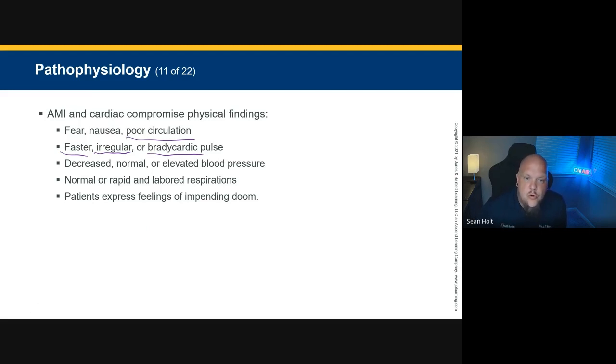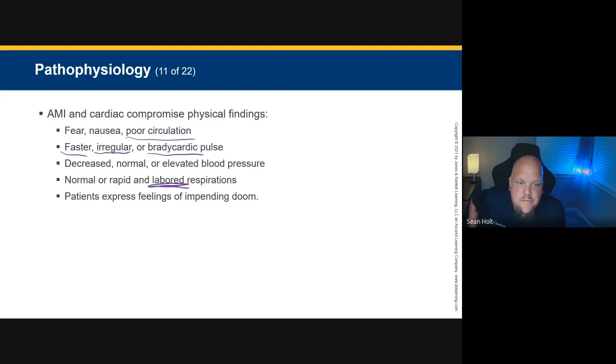So decreased, normal, or elevated blood pressure, any one of them can still be a sign of an AMI, right? You can have a normal blood pressure and be having a very bad heart attack. It may not be but a late sign that the patient is hypotensive, right? Normal or rapid and labored respiration, so working to breathe, right?